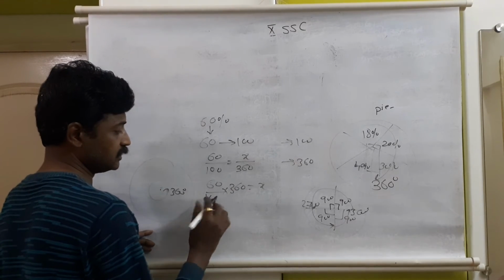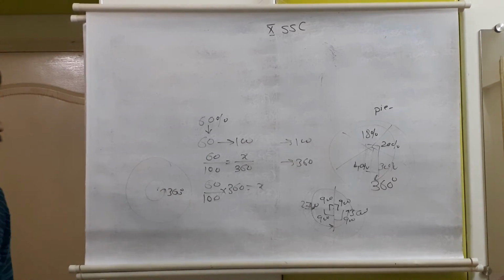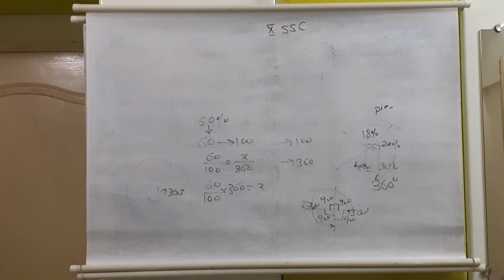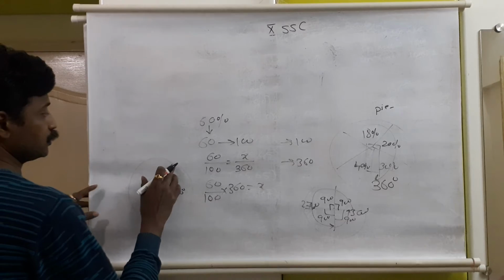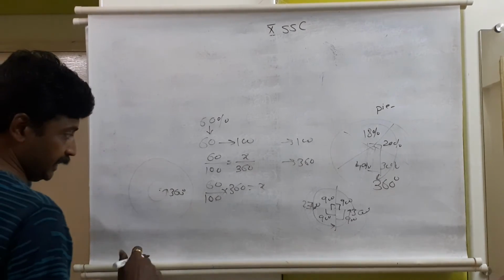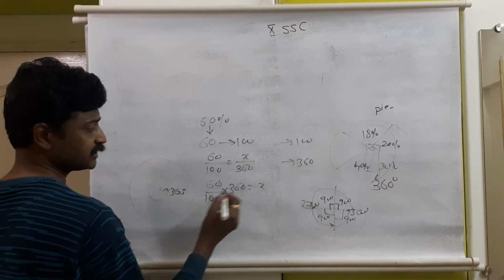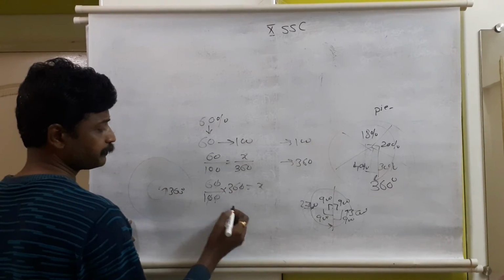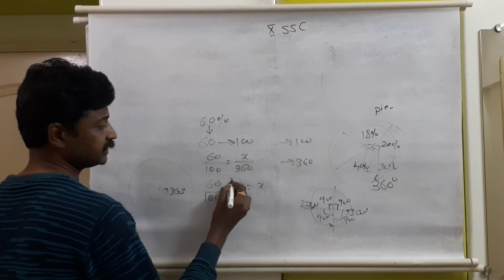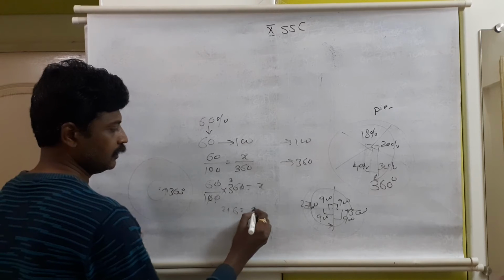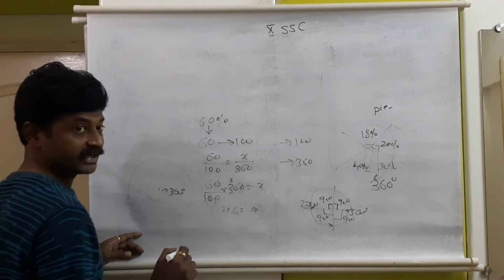So this calculation will give us the value of x, and the value of x is nothing but the actual angular measurement of 60% on the paper when we want to show it in the form of pie diagram. So simplify it. 1 0 gets cancelled, second 0 gets cancelled. 6 into 36, 6 6s are 36, 6 carry 3, 6 3s are 18, 18 plus 3 is 21, means x is equal to 216.